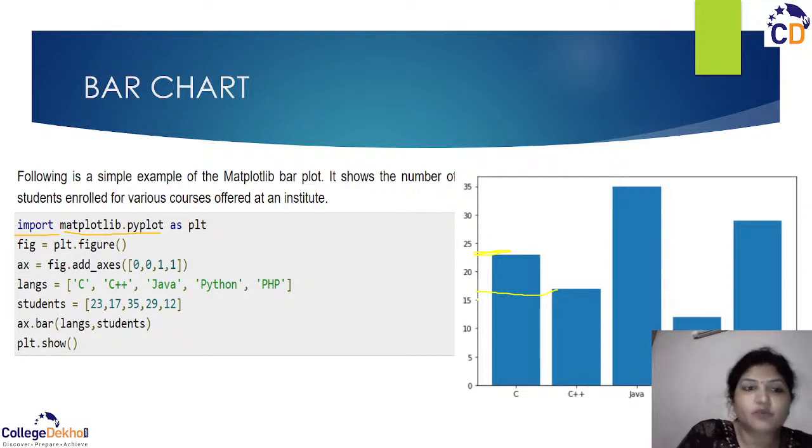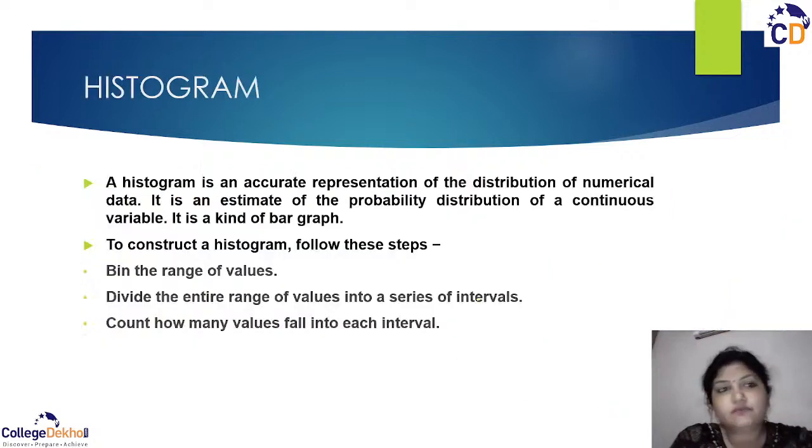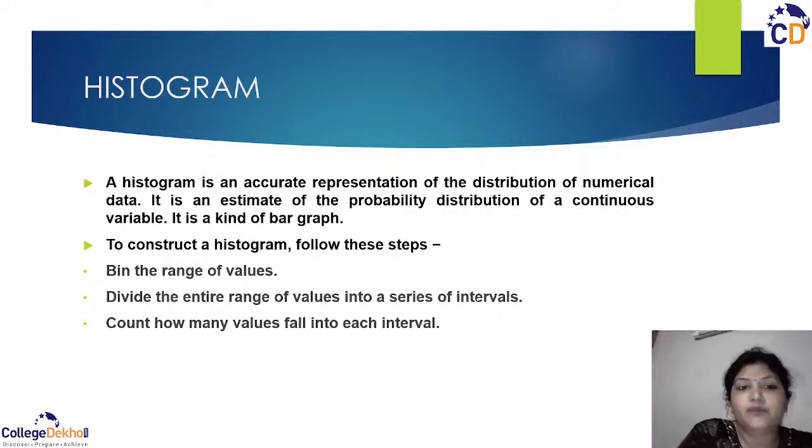Let us move on to other charts, other graphs. The second graph is histograms. When we have a range of values for a single variable, a continuous variable, there is no relationship between two variables; there is a single variable and we are just showing the distribution of that numerical data.